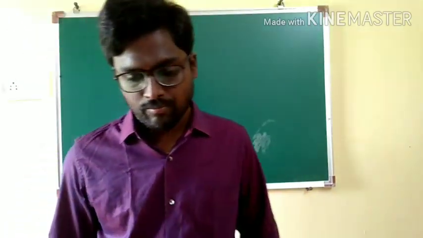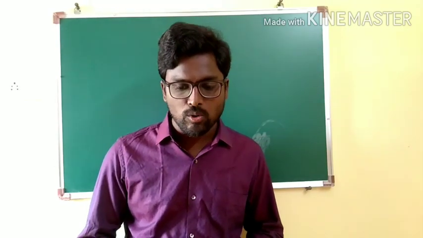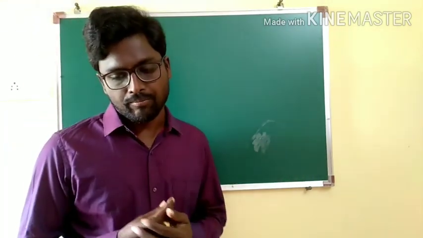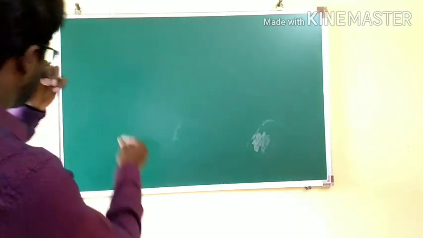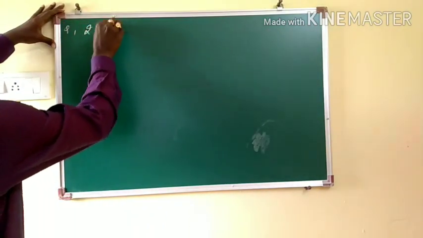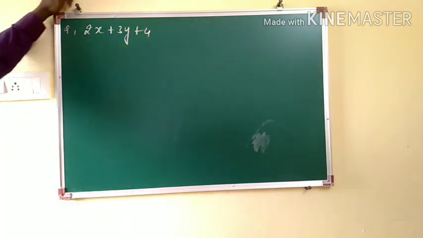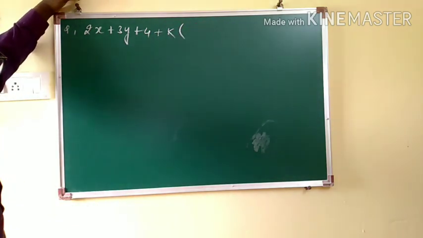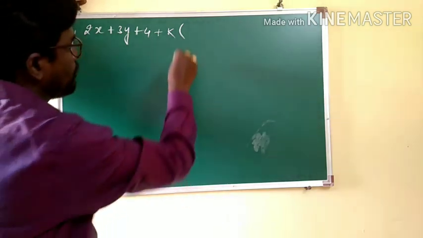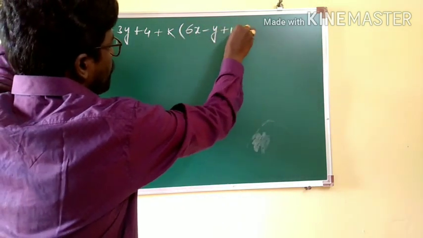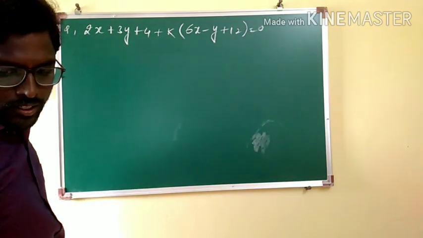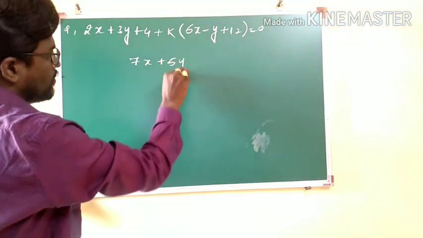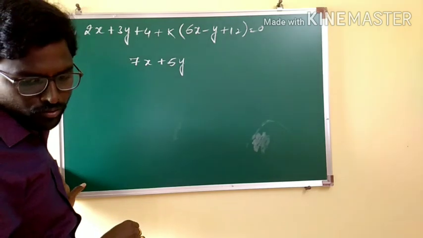Find the value of k. If the straight line 2x plus 3y plus 4 plus k into 6x minus y plus 12 equal to 0 is perpendicular to the line 7x plus 5y is equal to 4.